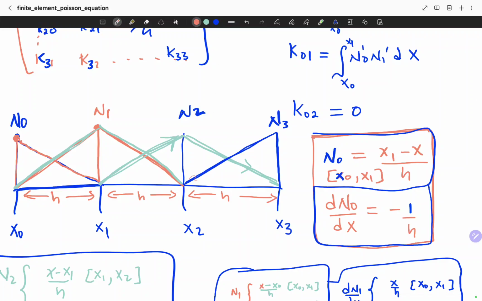Now this line is x minus x2, because it's coming from x2 over h. That's from x2 to x3.